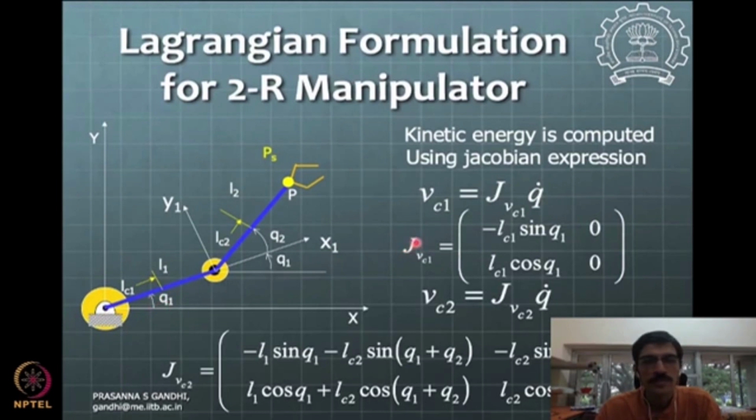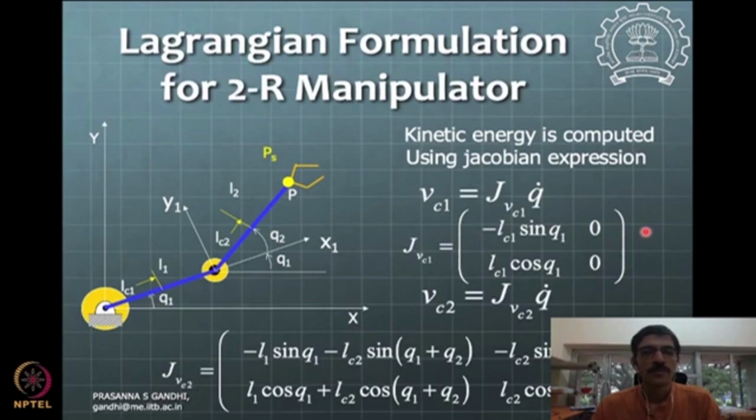This is a new concept called Jacobian, which expresses velocities of interest, in this case the velocity of C1, in terms of the velocities of generalized coordinates. Here q1 and q2 are generalized coordinates, so q1 dot and q2 dot will be formed by this vector, and when this matrix is multiplied by that, you will see this velocity getting represented in this kind of form.